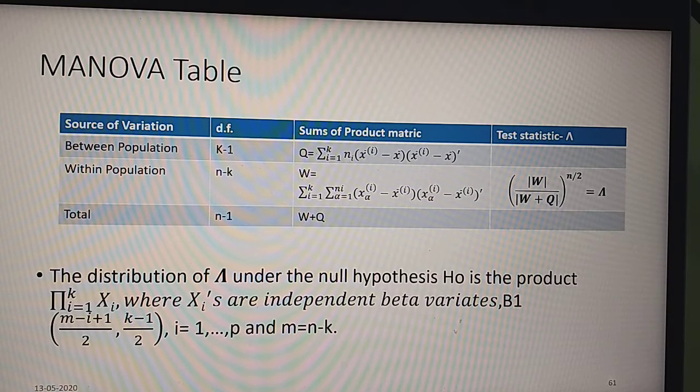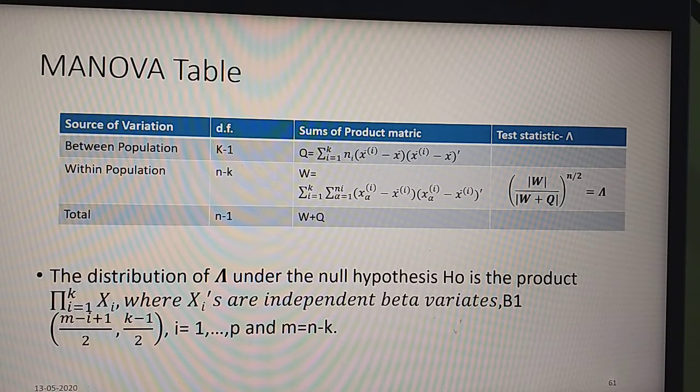So today, as we did in the case of univariate analysis of variance, we have to have the MANOVA table also. So this is the MANOVA table that I have shown here. The first column is the source of variation, then degrees of freedom, sums of product matrix, and test statistic lambda.